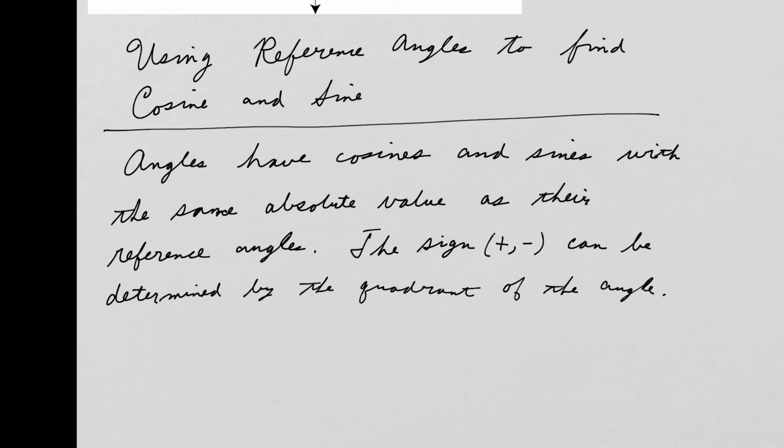So if you know those special angles for the first quadrant, for any quadrant we can find the special angles using the reference angle, and then we can figure out the correct sign, whether it's positive or negative, just based on what quadrant we're in. Okay? So let me do an example.